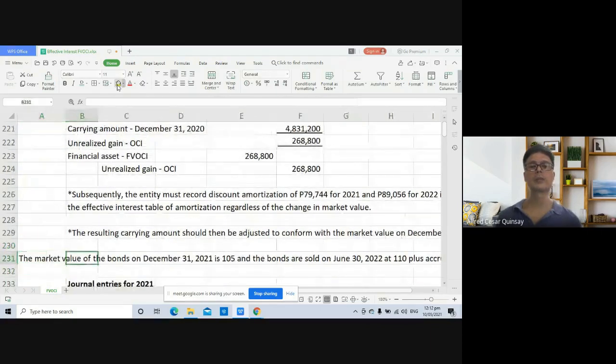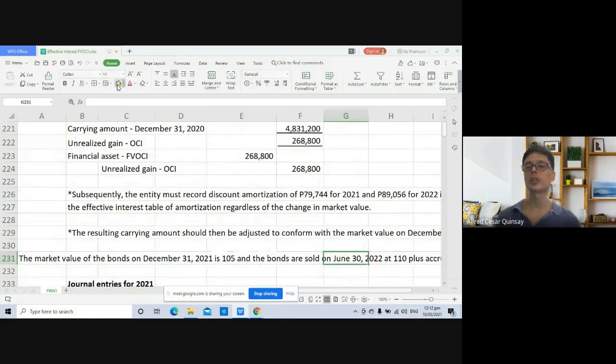So the market value of the bonds after a year, tumaas na naman. No? Okay, so from 102, naging 105 sa 2021. Okay, so and the bonds are sold on June 30, so this is an additional information. No?